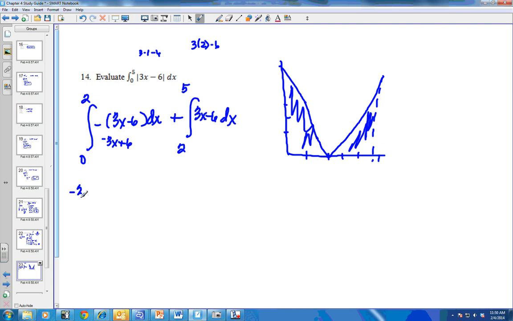So that's going to be negative 3x squared over 2 plus 6x. And I'm going to evaluate that from 0 to 2. And then I'm going to add to that 3x squared over 2 minus 6x from 2 to 5. Now I'm going to let you guys plug those numbers in, and you should come up with the area of that.